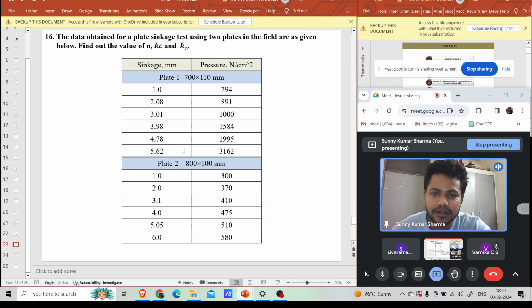So these are the values coming for two plates, plate 1 and plate 2. This side we have sinkage and this side we have pressure. So first you tell me how will you proceed to find that exponent of sinkage n, then Kc, then K phi.